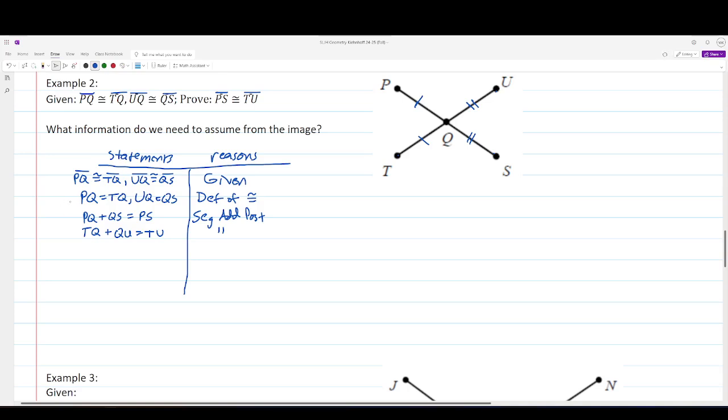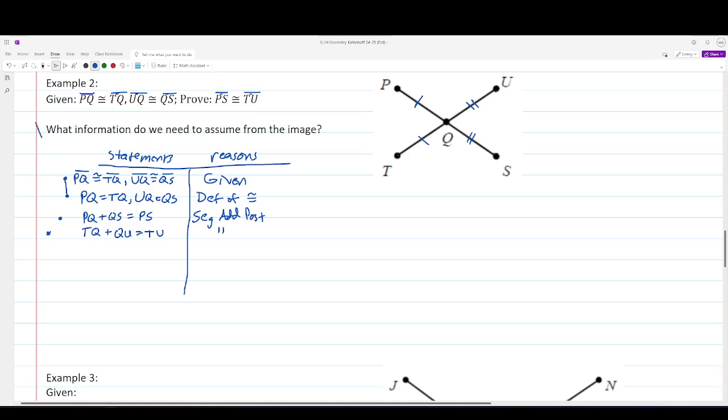Notice that those didn't come from here. They don't logically follow from a previous step. They're kind of like brand new information that's appearing in the proof. We went from here to here kind of in a straight line. But then this new information and this new information just kind of popped in out of nowhere. They didn't come from the previous steps. And they didn't really come from nowhere.